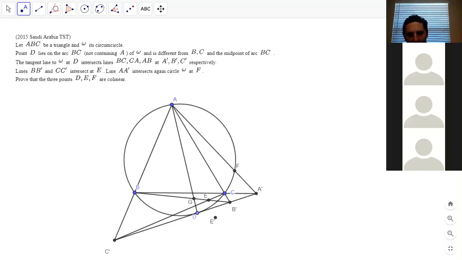Is there another way to think about this? So G isn't part of the original problem. So instead of using G, could we use something else? So B, E, B prime, and some other point.